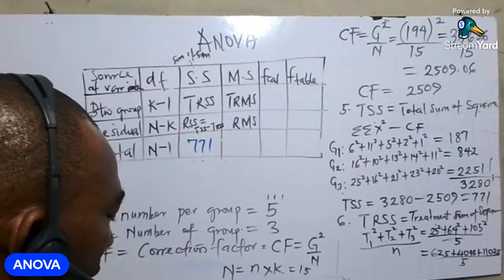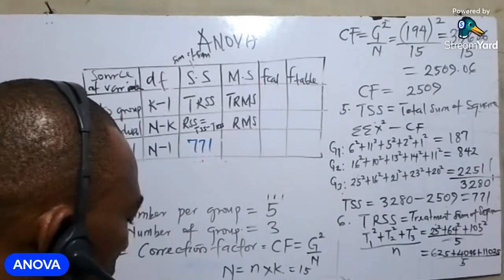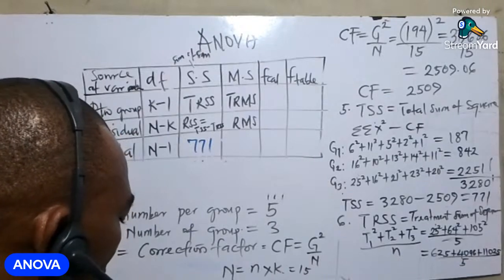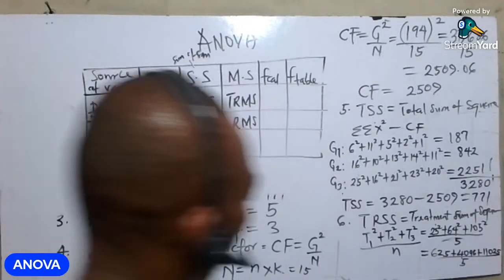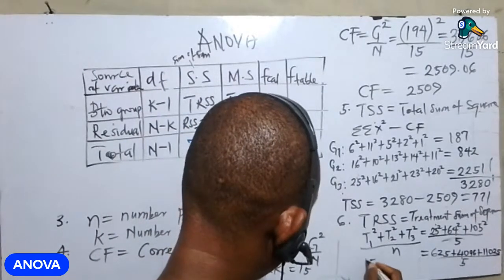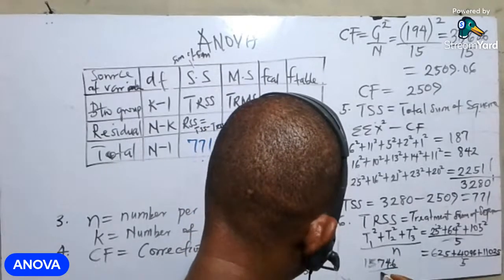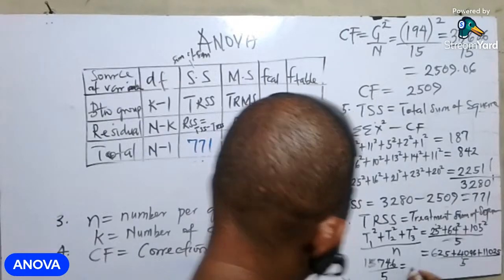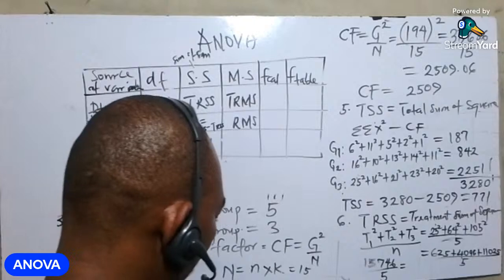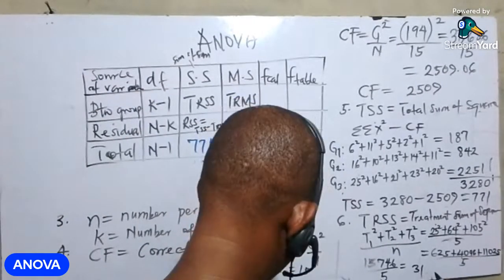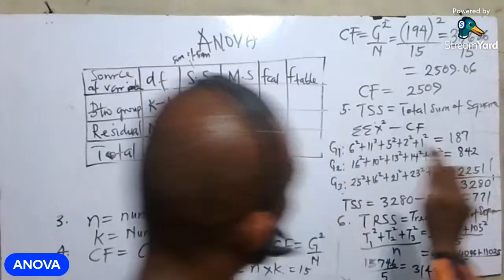So that will give me 15,746. So to be divided by 5. So that will give me 3,149. So I'm leaving it to the whole number.